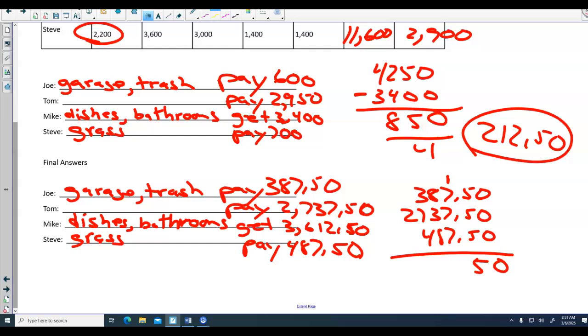Carry the 1. 22. 10 and 3 is 13 and 8. 21. 2 and 3 is 5. 5 and 7 is 12. 12 and 4 is 16. 3, 6, 1, 2, 50. That's how much is being received, so I know the answer is correct.